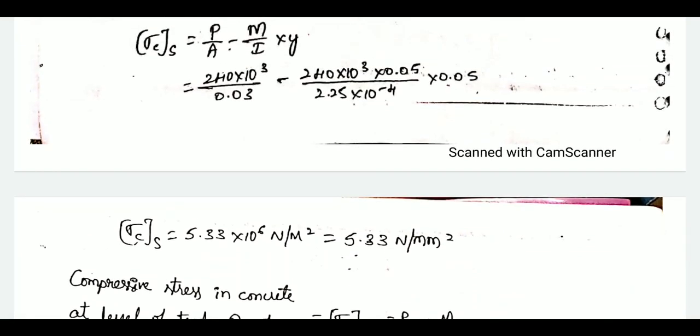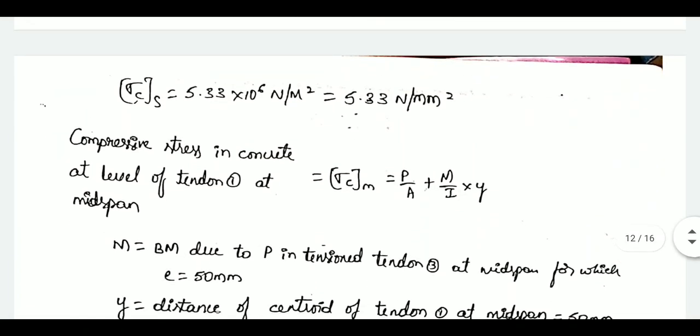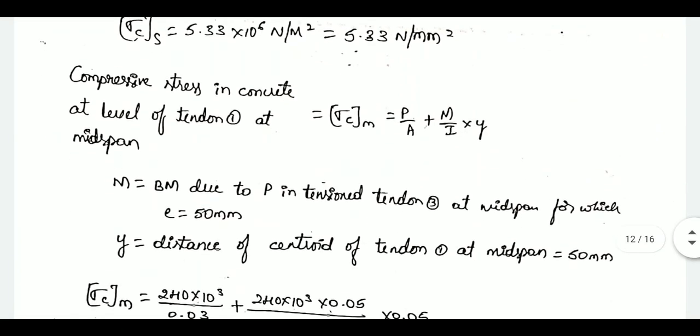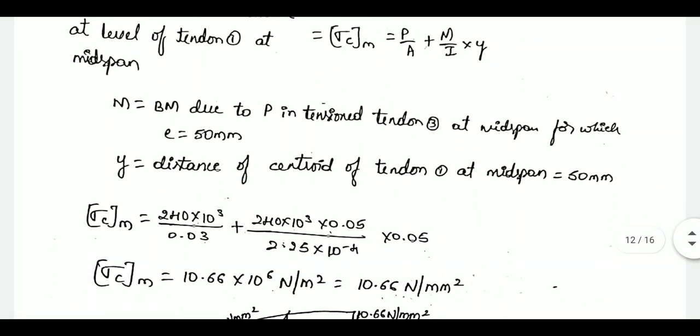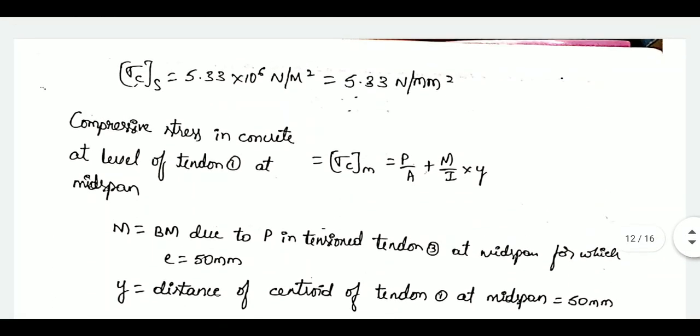And we can calculate at the support section. Same way, when you come to the midspan section, we have eccentricity of 50 mm at both. So substitute the values and you can find it out.